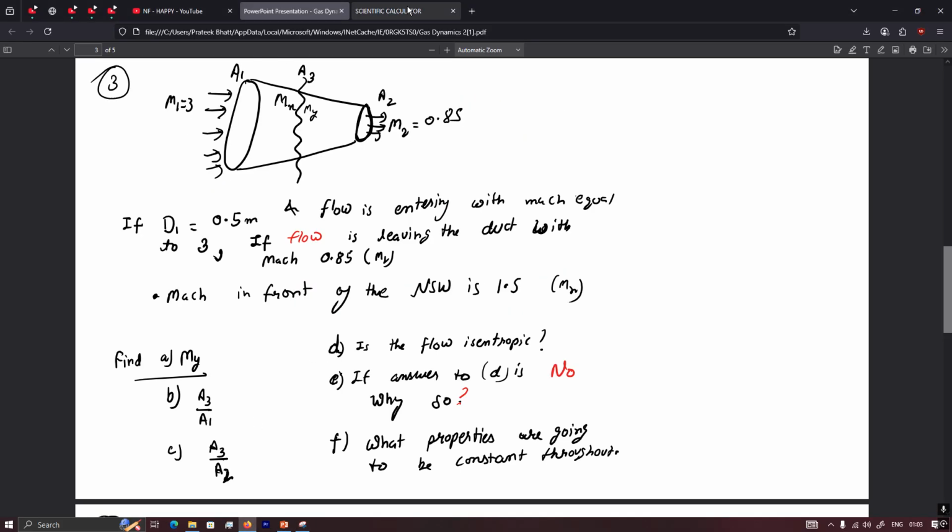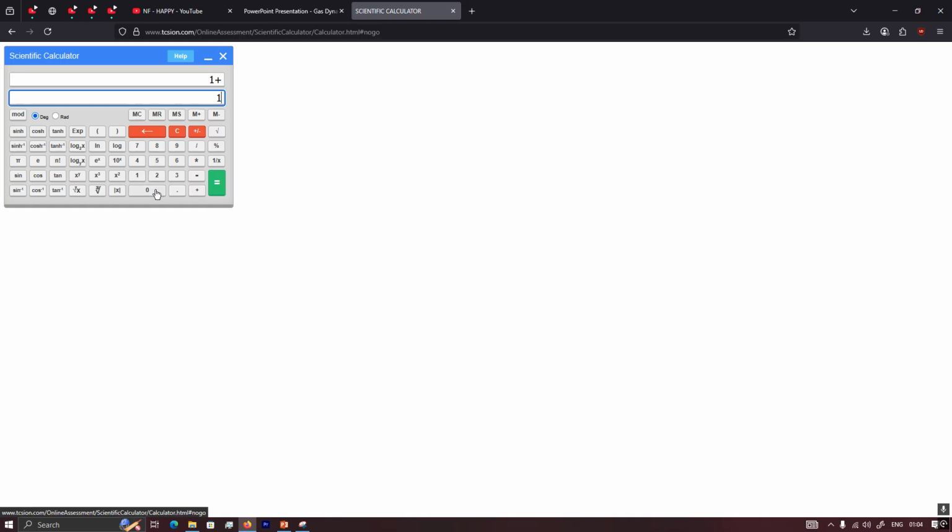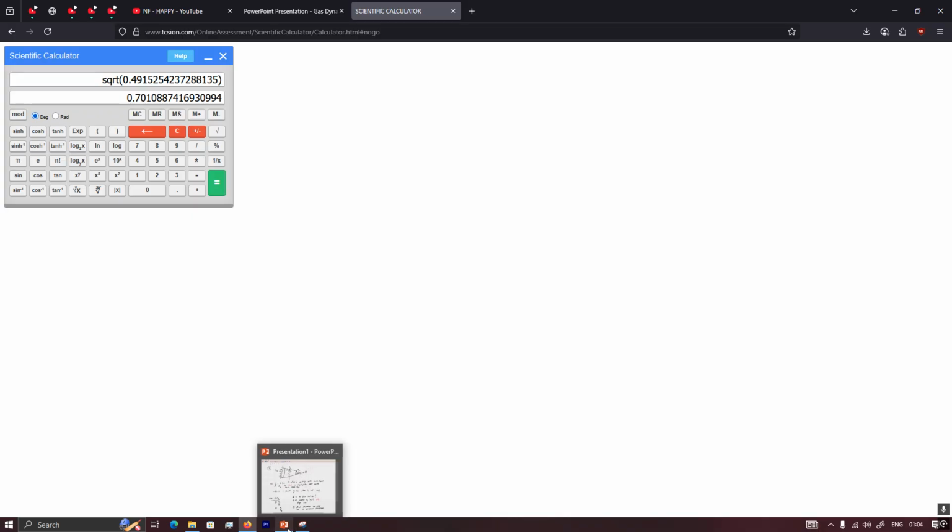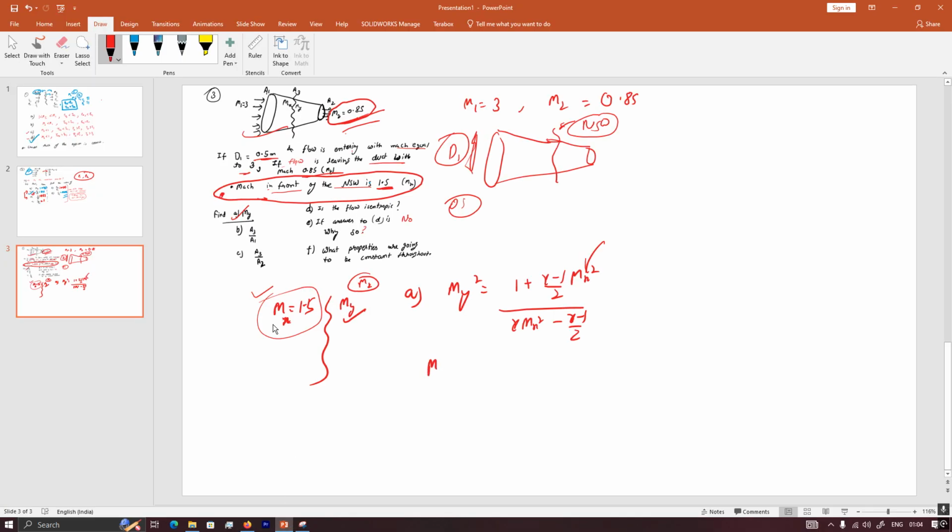So 1 plus 0.2 into 1.5 square, divided by 1.4 into 1.5 square minus gamma minus 1 by 2, which is 0.2, right? So now this is not your answer. You'll have to take the root of it, right? So press the root sign now. And this is your My value. So My will come as 0.7701.